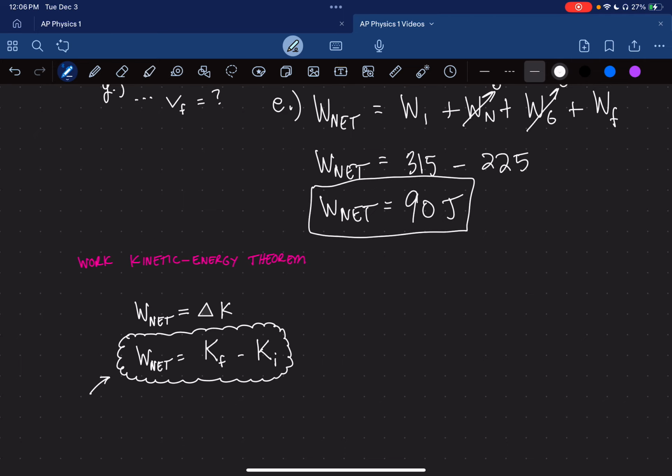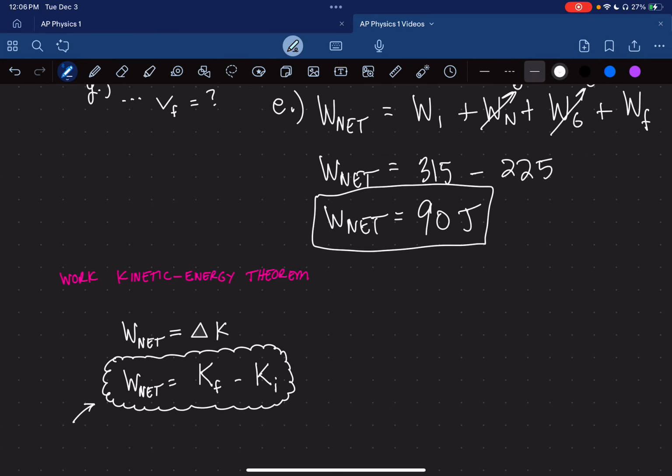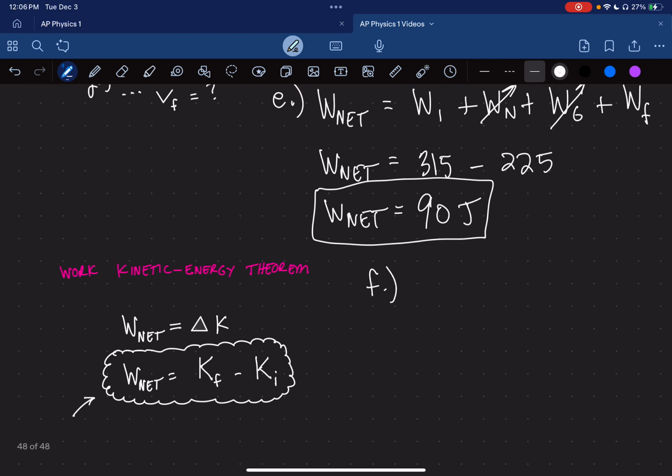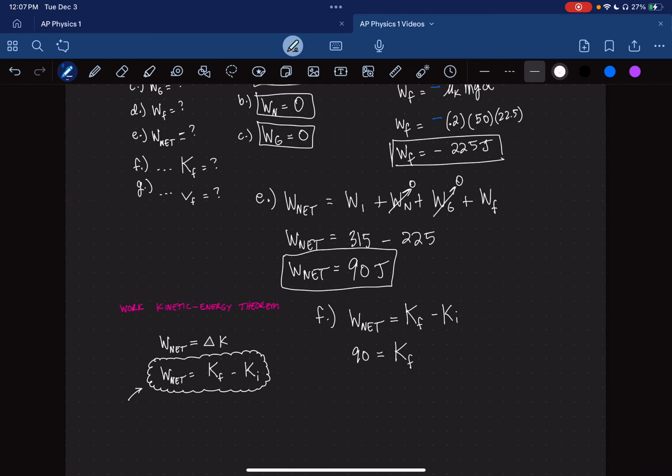In this particular case, we have added 90 joules of energy, and so, well, let's solve part F, which is what is the final kinetic energy. So we will use the work kinetic energy theorem. We know the net work is 90. We're trying to figure out what is the final kinetic energy of the block. And so we had to ask ourselves, what is Ki? What is the initial kinetic energy of the block? We could do a side calculation here.